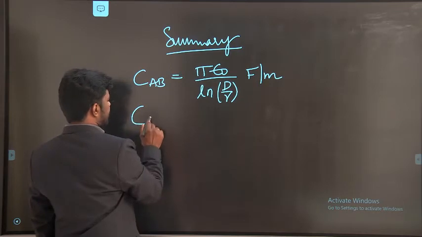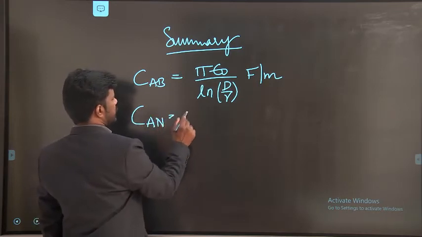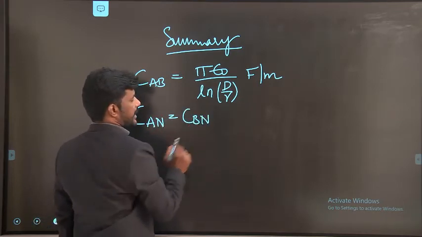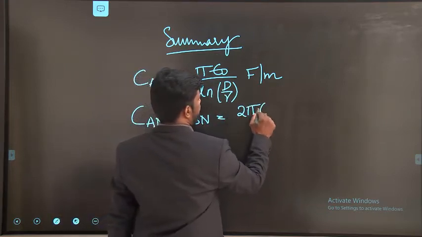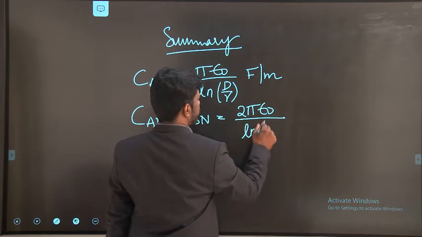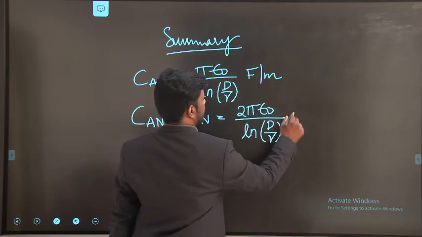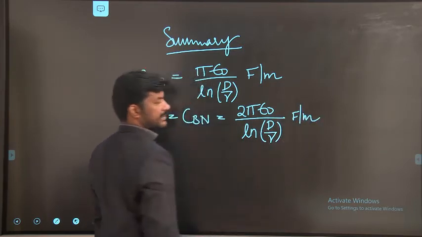And this was converted into neutral capacitance, CAN equal to CBN, twice this value, that is 2 pi epsilon naught by ln of d by r farad per meter length.